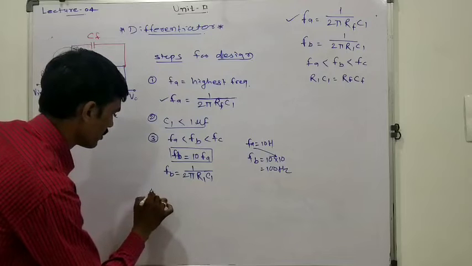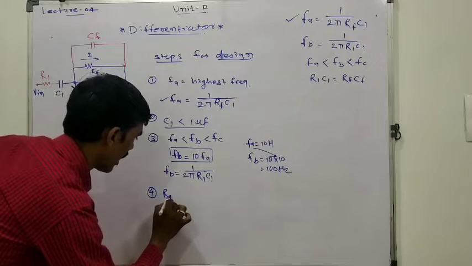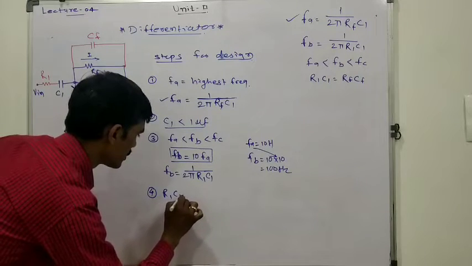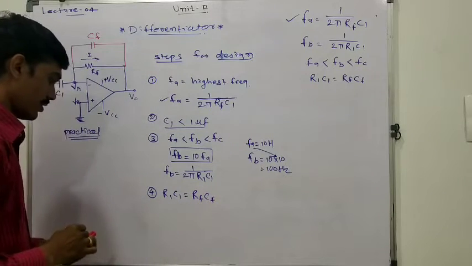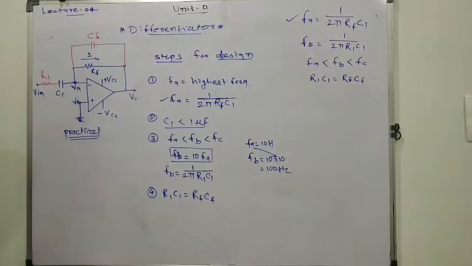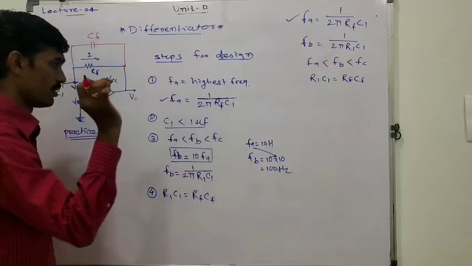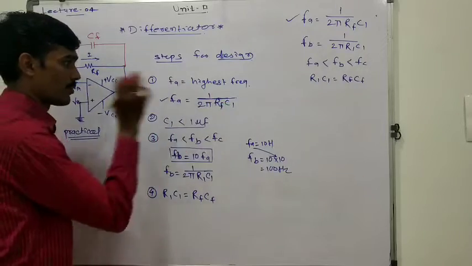The fourth stage is what? We know that R1 into C1 is equal to RF into CF. Now, from the first step, look at how we have to select the components.